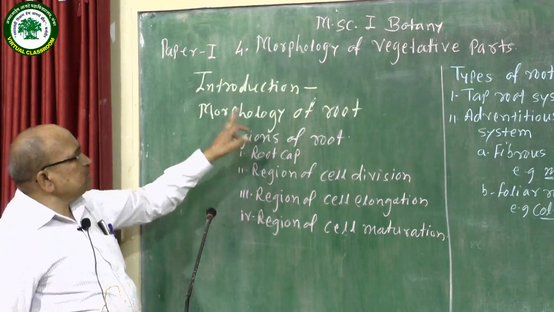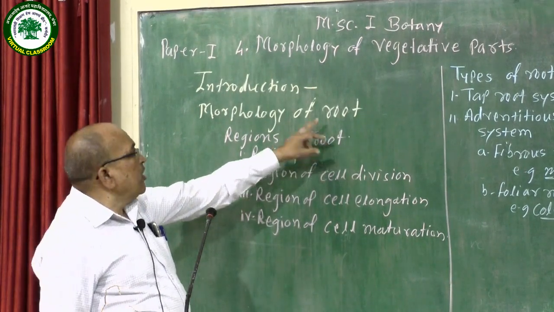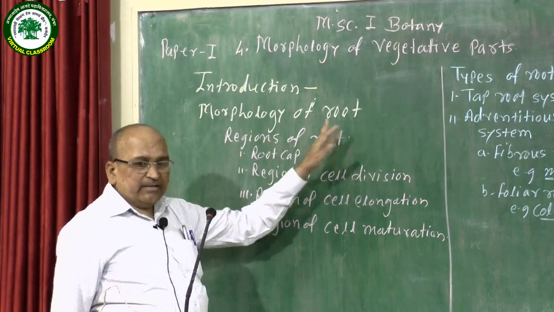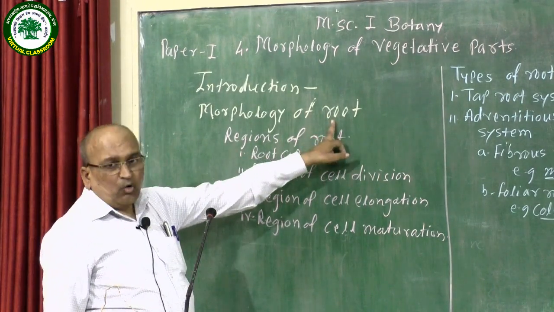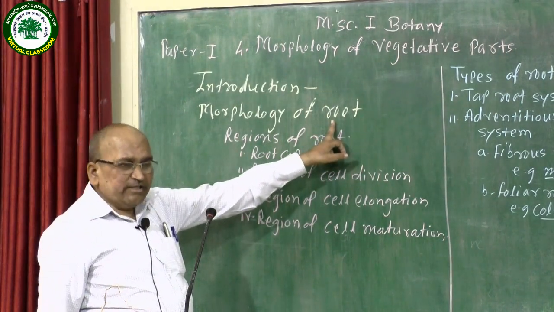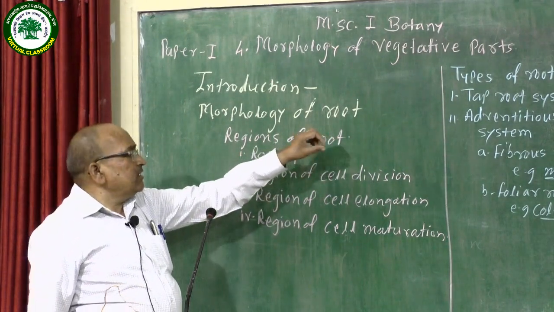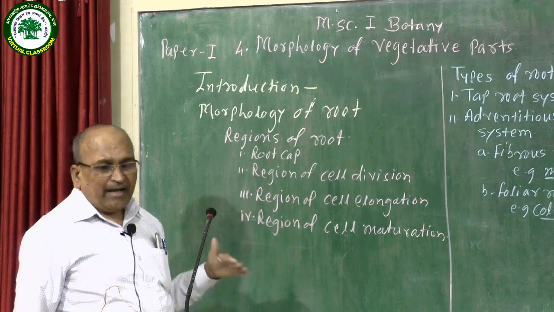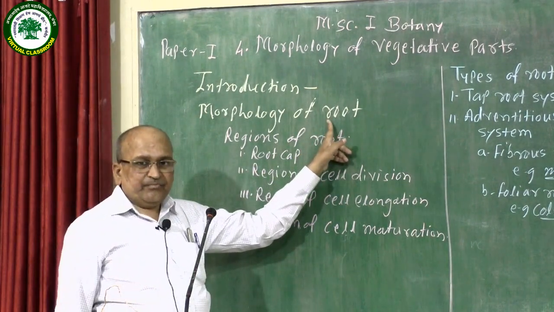Now morphology of the root. Morphology of root means form of the root. First we see the definition of the root. This root is defined as a descending part of the plant body.